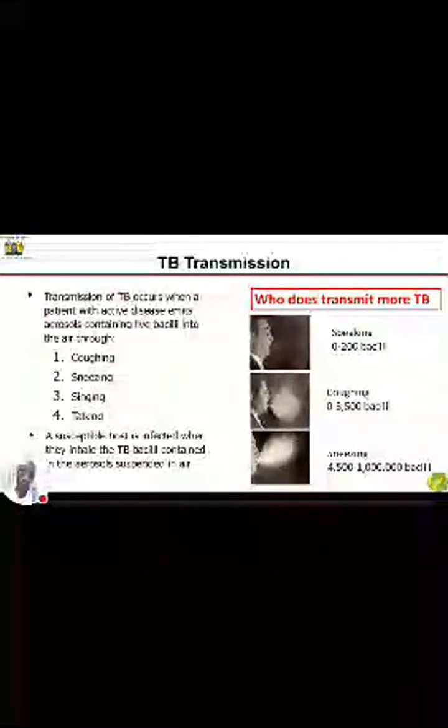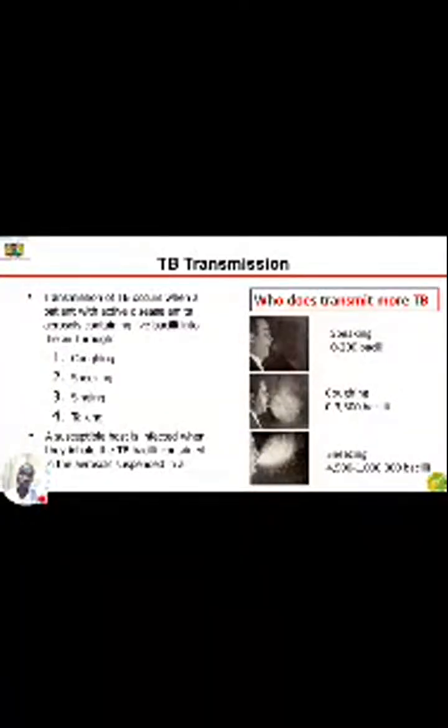Also the workmates and any household contacts. It's very important so that we do not leave these contacts who will eventually become drug-sensitive TB or drug-resistant TB patients in future, if we are not taking caution.